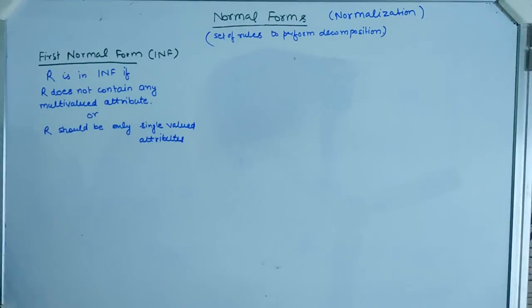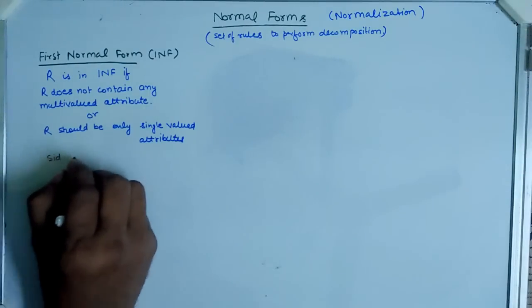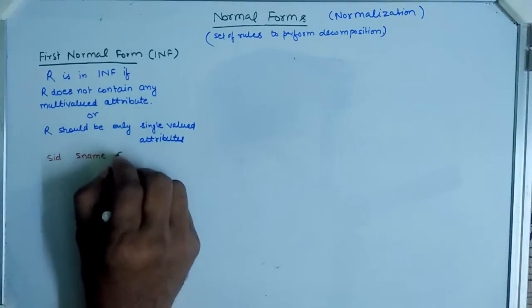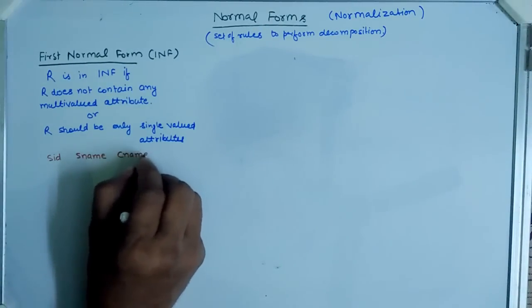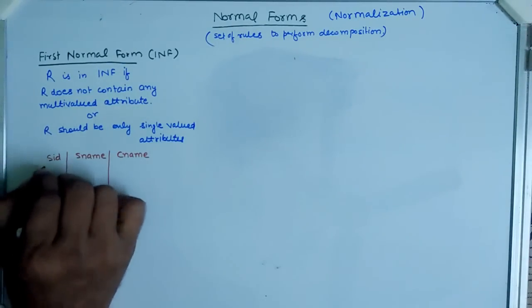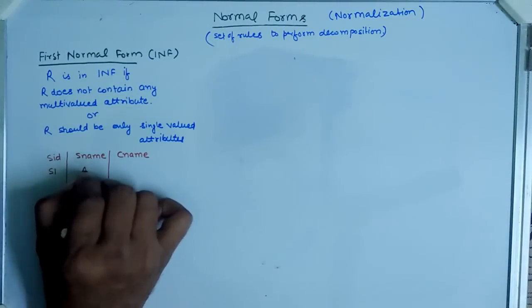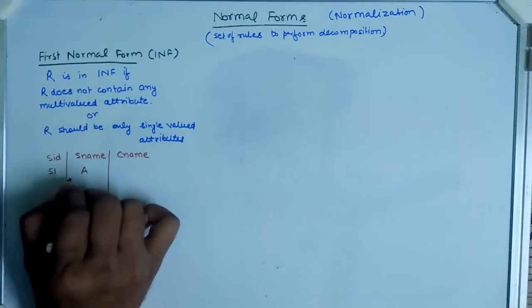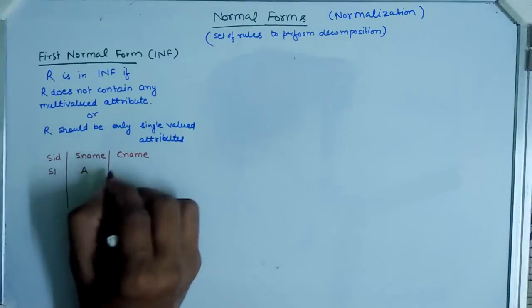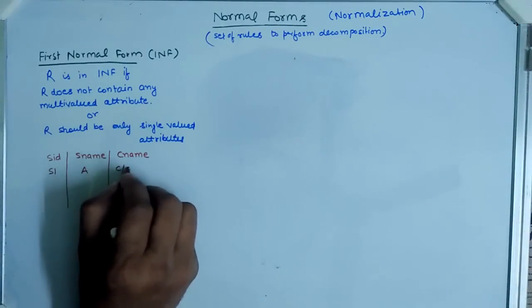Suppose you have a database table with SID, SName, and CName as attributes, where for SID S1, name A, the course name may be C or C++.